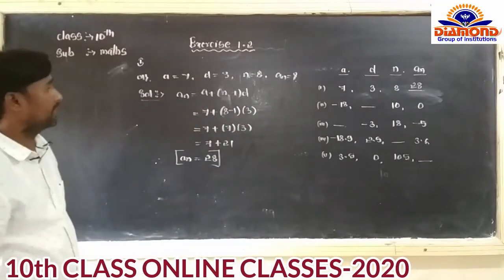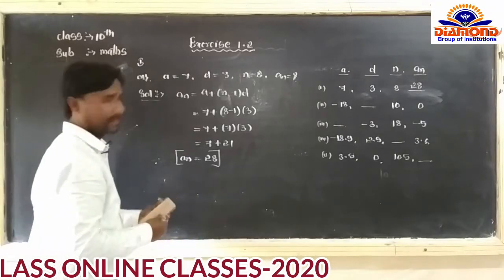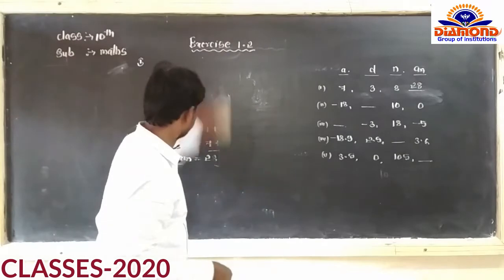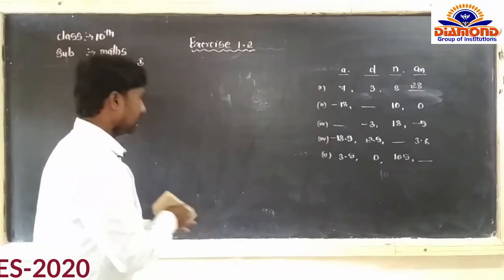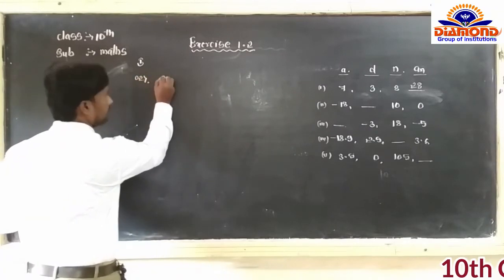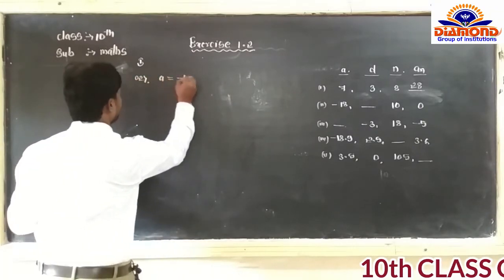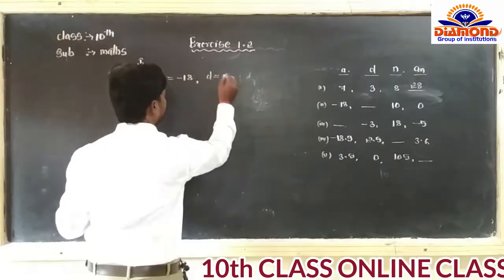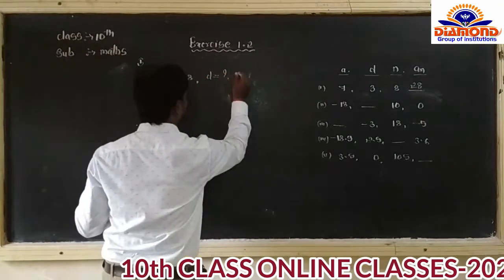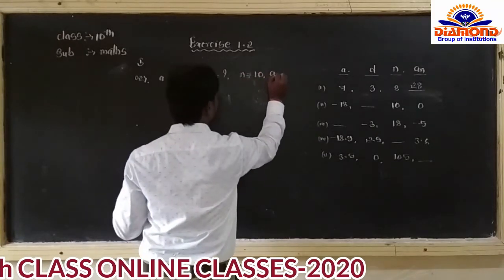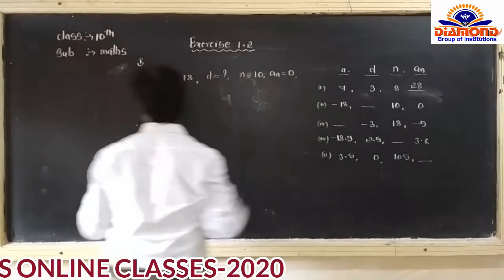Okay, let us go to the second question, dear students. Second question is what is given. First of all, we should be taking the values. The a value is given, minus 18, and the common difference we are finding, that is question mark, and n is given, that is 10, and an also is given, an equal to 0, dear students.